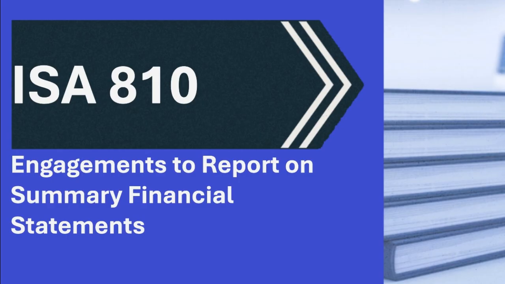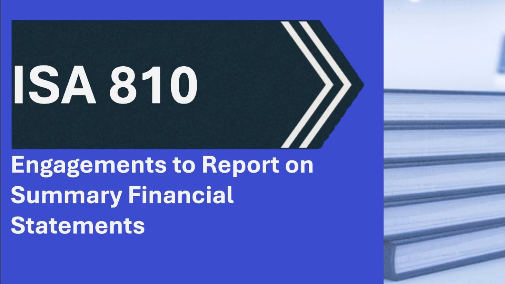That's where they say if it's a fair summary based on the criteria. If the opinion is modified, there'll be a basis for opinion section explaining why. If the main audit had key audit matters, those really important issues they focus on, the summary report might mention those too. It also has to spell out management's responsibility for the summary and the auditor's responsibility for the opinion. Standard stuff for audit reports, generally.